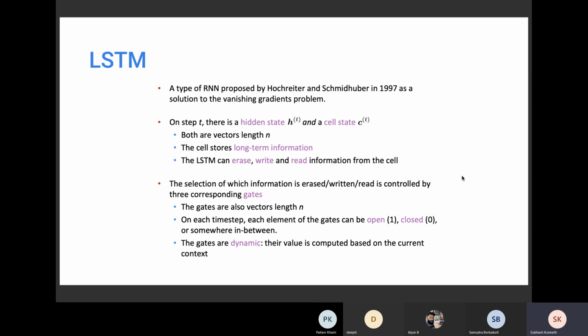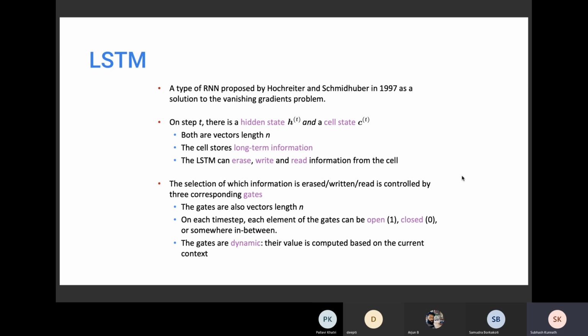For each element of, say, the cell state, you have n elements, and the gate will also have n elements. The gate is multiplied with this state, and if an element of the gate is 0, that means the corresponding element in the state vector is not going to be passed.